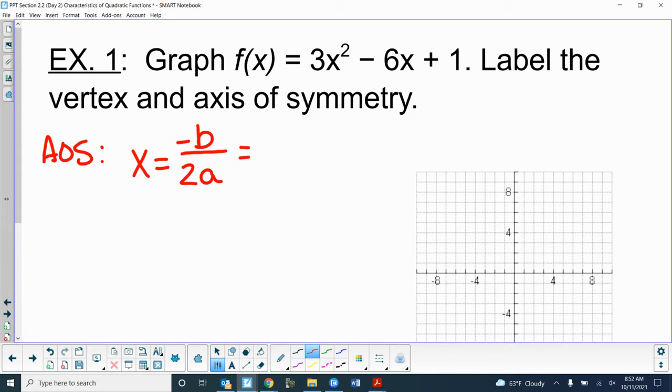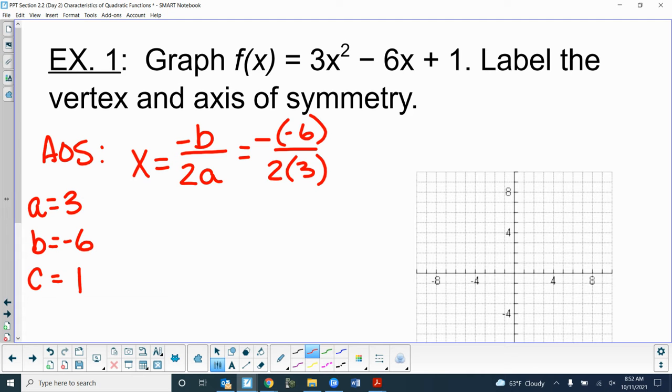All right, so negative, what's my b value? Negative 6, over 2 times what's my a value? 3. We all remember what a, b, and c are, right? If it helps you to write it down on the side or under the problem, wherever you're doing it, go ahead. If you don't need to, you don't have to worry about it.